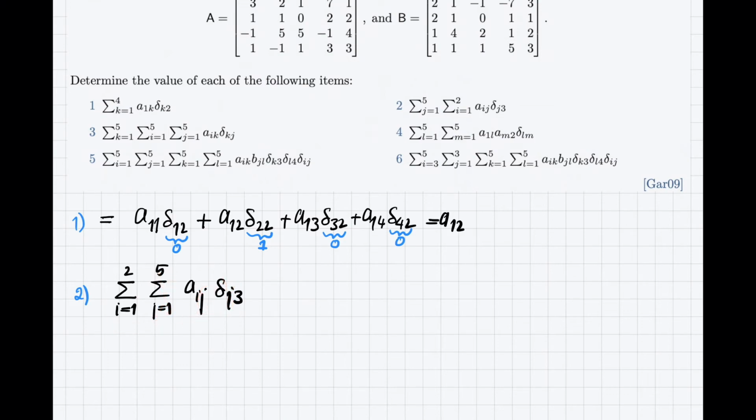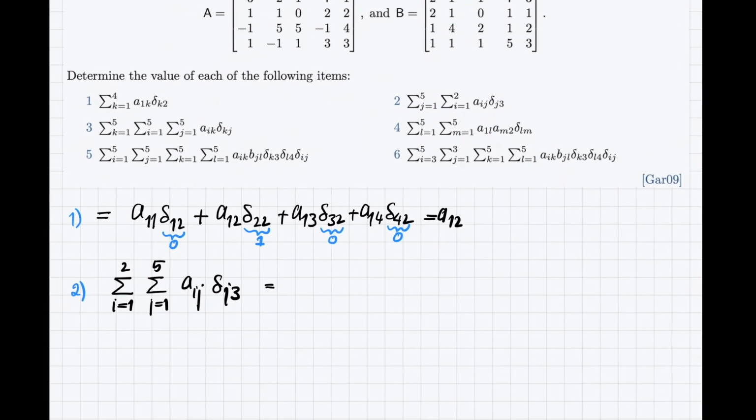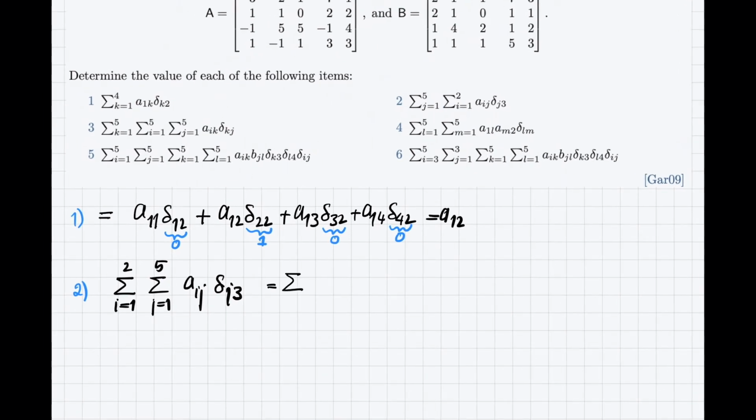So I get sigma, i goes from 1 to 2, A i3. But there is no delta dependence, so I expand my sigma by replacing i with 1 and then with 2 and adding them together. So it becomes A1 3 plus A2 3.